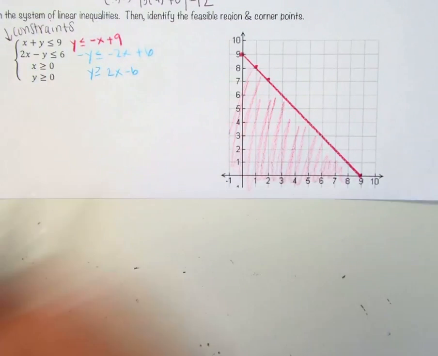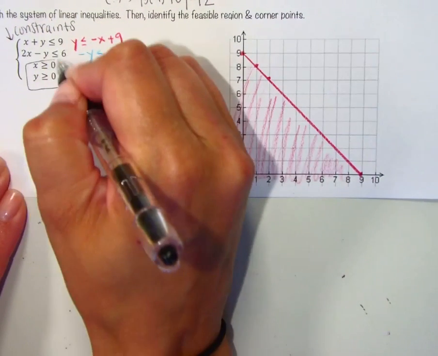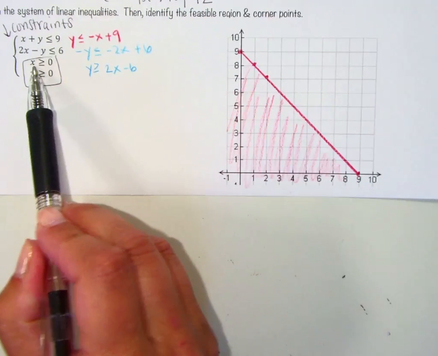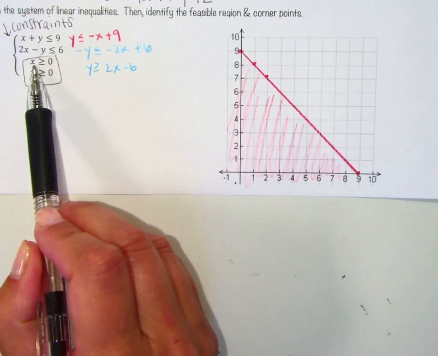If you look at the last two inequalities, x is greater than or equal to 0 and y is greater than or equal to 0. When you have those two inequalities together, you are bounding yourself to just the first quadrant, because this means you're only working with positive x values.